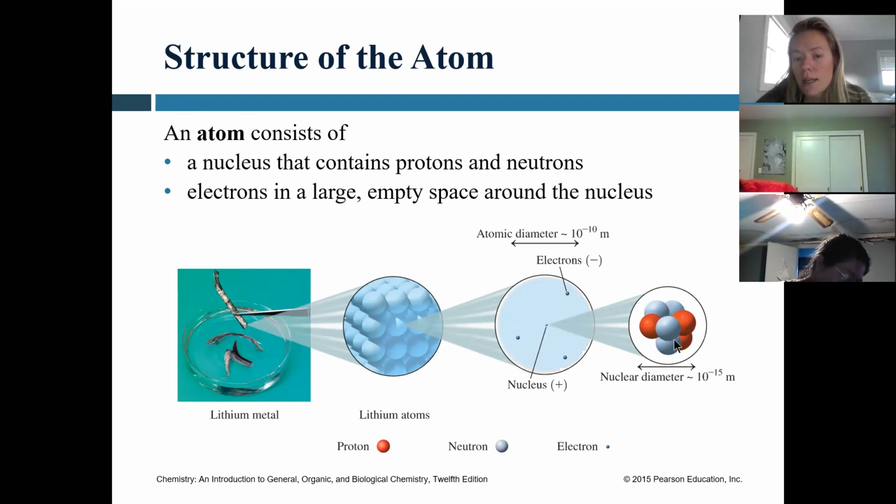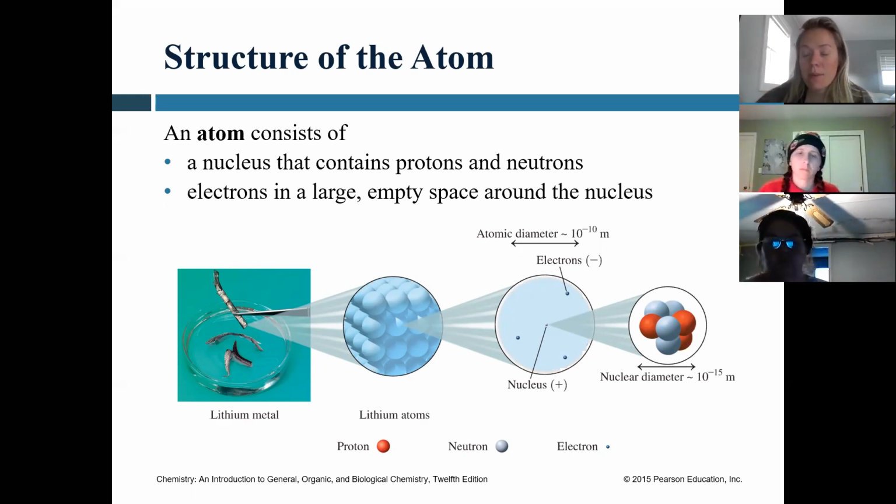If we zoom into the nucleus, it's going to contain all of the protons and all of the neutrons. So protons and neutrons hang out in the nucleus. Electrons occupy most of the space around the atom. So most of the size of what we consider an atom to be is actually just electrons floating around in empty space.